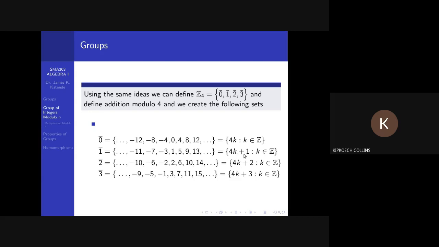Be 1. You don't divide negative 11 by 4. The difference is 4. Did you do SMA 108? Yes, we did. Negative 11 divided by 4, the remainder is 1. So it's also covered in SMA 305.